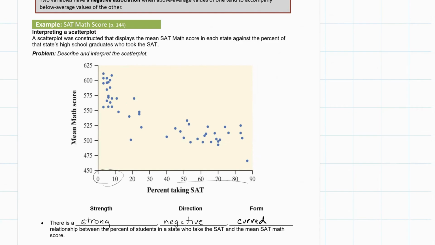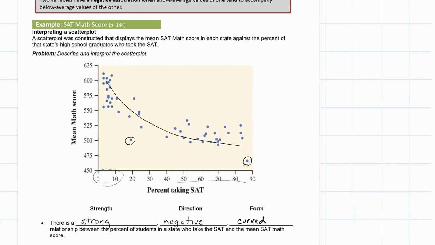Okay. Are there any outliers? Are there any values that tend not to follow the general trend? Well, this one right there seems to be a little bit away from that general curve pattern, as does this one.